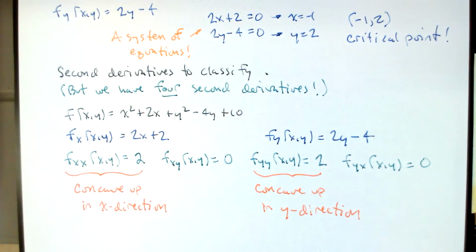Concave up in both the x direction and the y direction will suggest that we have a global minimum.